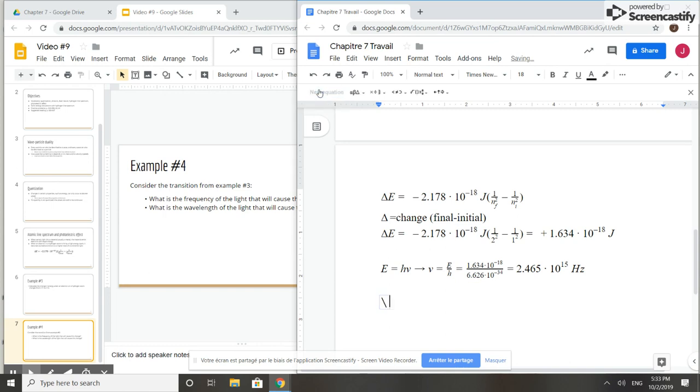And now I'm looking for wavelength. And I got 1.217 times 10 to the negative 7th meters.